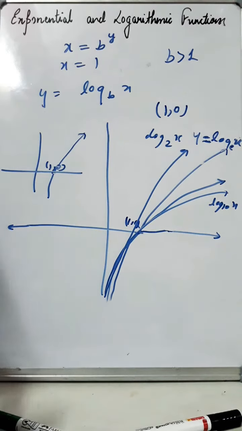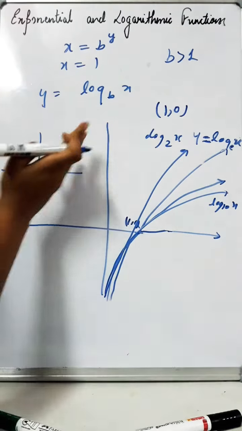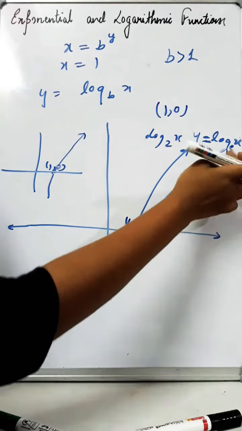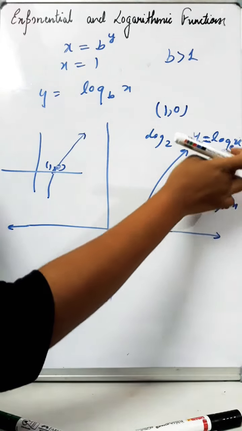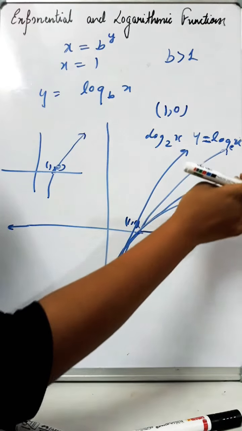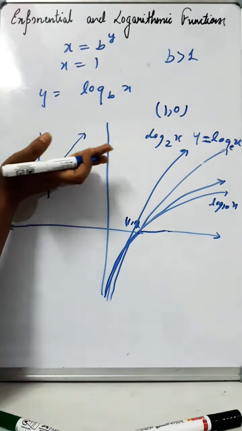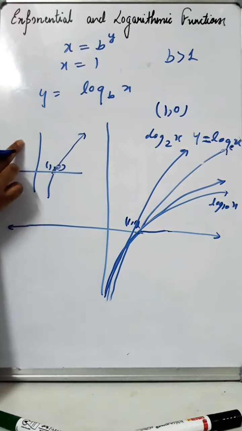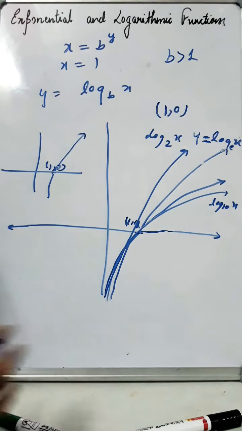Alright, and one more thing is that e is 2.7 something, right? If you go on increasing the base, the graph will tilt toward the x-axis, and if you go on decreasing the base, the graph will tilt toward the y-axis. So this is all about log functions.